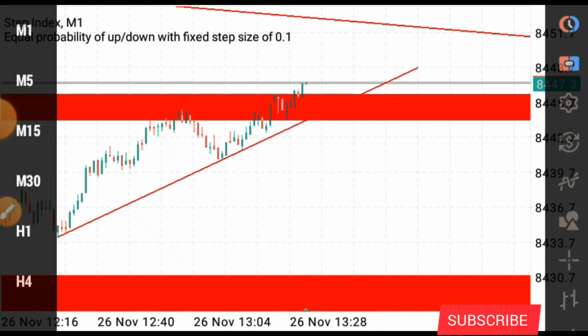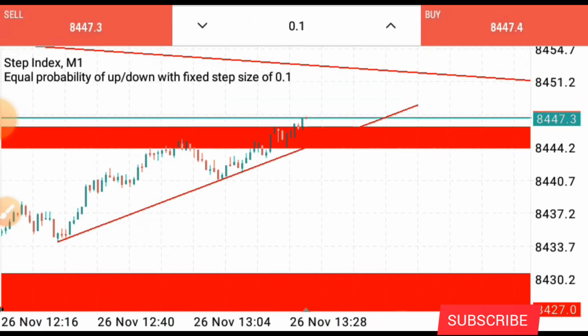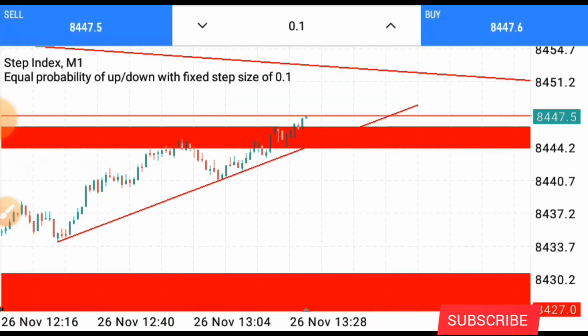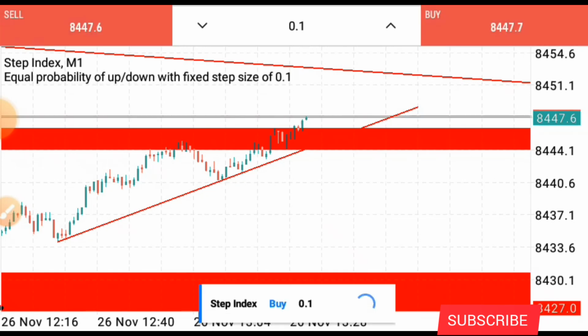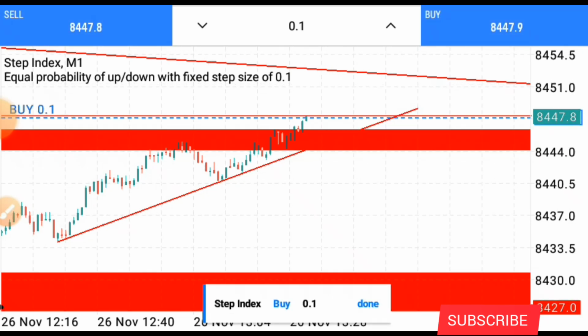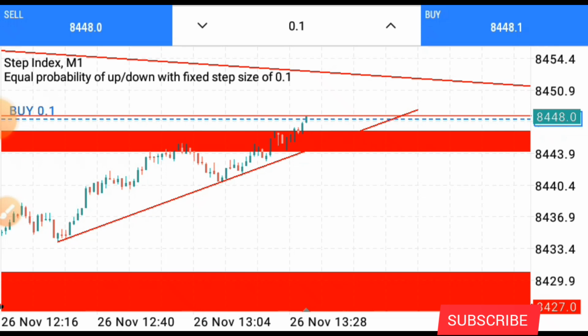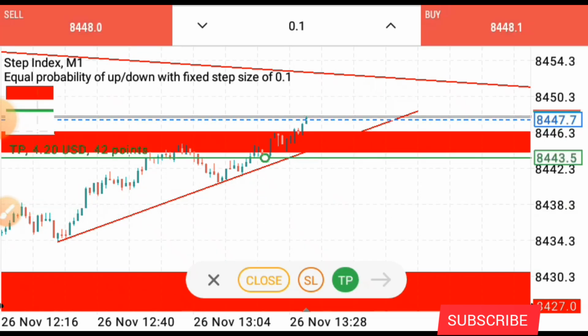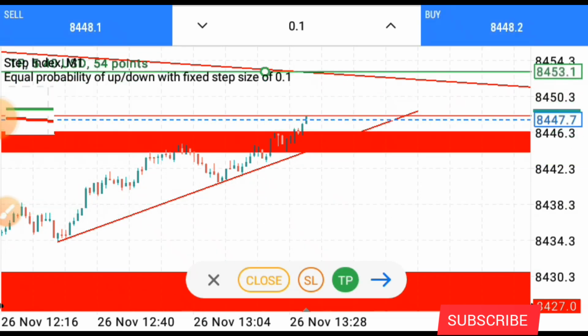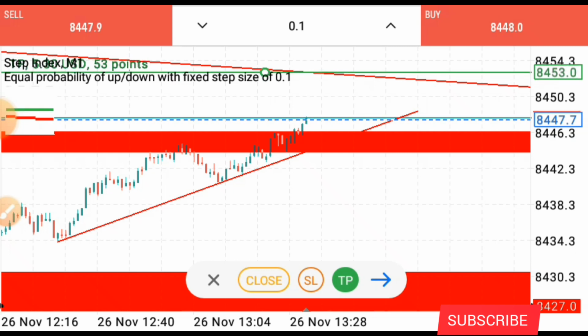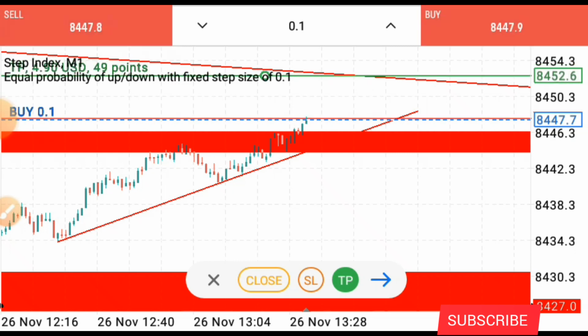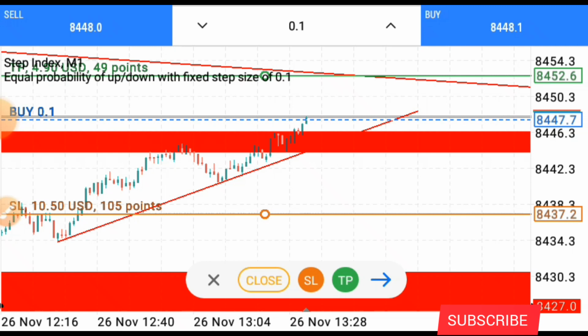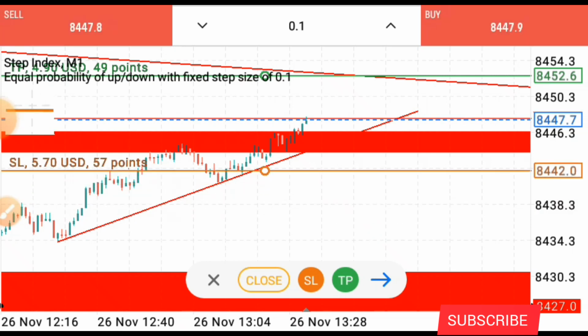I need to take this with the lowest lot. And my TP is going to be somewhere here. This is a quick $5. And the stop loss is going to be somewhere here.